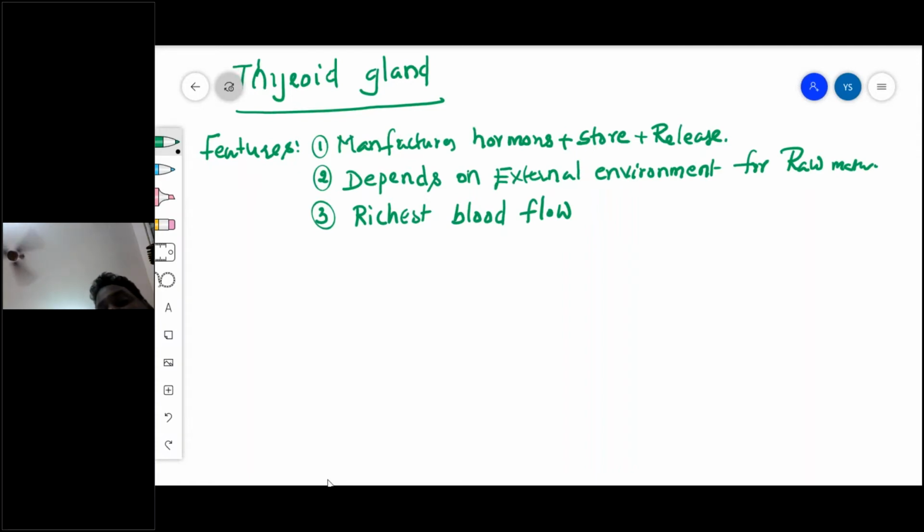It depends on the external environment for raw material, that means iodine. Based on the iodine, it synthesizes the hormones. And when compared to the other endocrine glands, the richest blood flow is at the thyroid gland. So these three are the unique features of the thyroid gland.